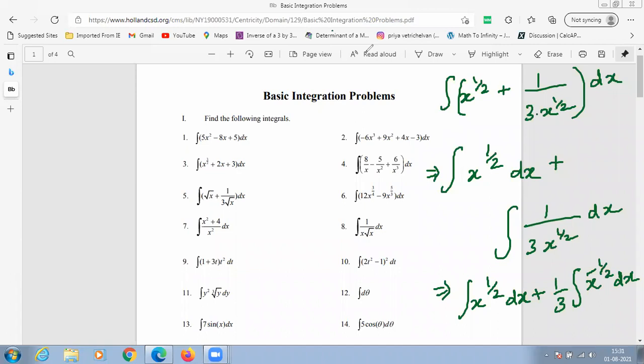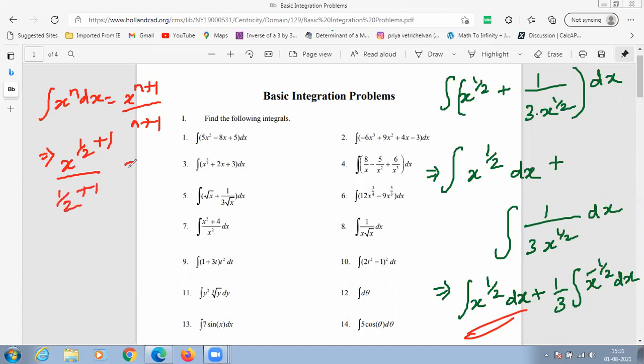So integral x power n dx is x power n plus 1 upon n plus 1. So x power 1 by 2 plus 1 upon 1 by 2 plus 1.